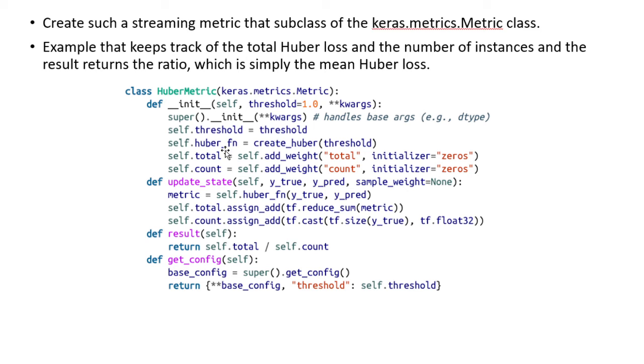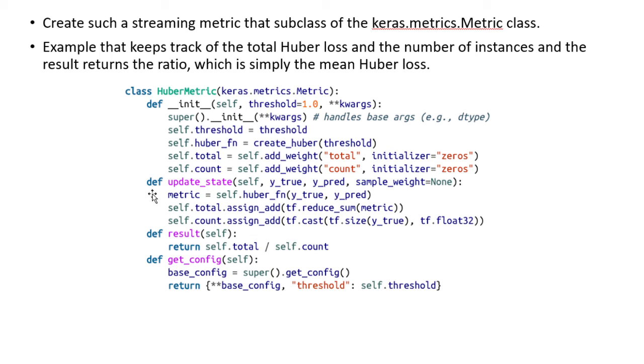And self.uber_function is going to call create_uber along with the threshold value which is being passed. Then the next line is the add_weight method. It helps us to create the variables that keep track of the metric state over multiple batches. In the same way, for the total, it calculates the sum of the Uber loss, and the count is nothing but the number of instances seen so far.